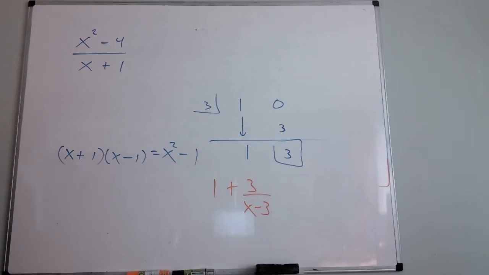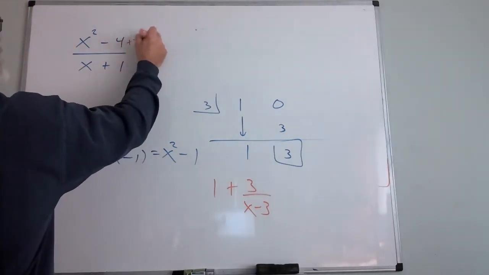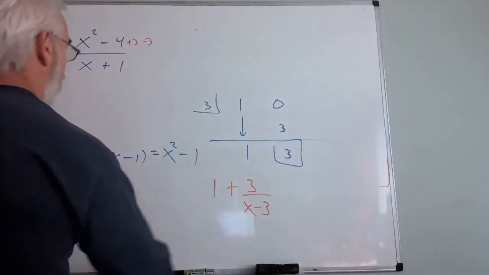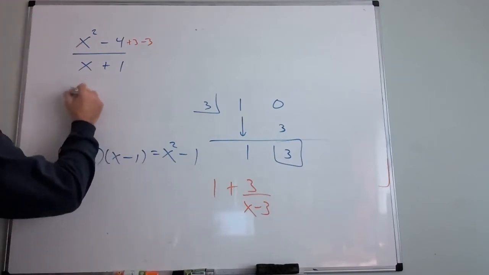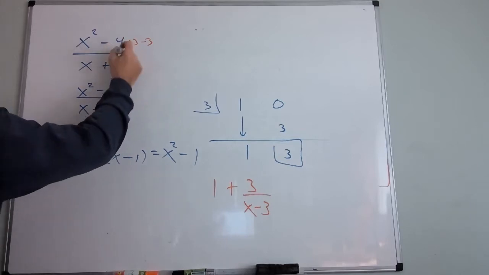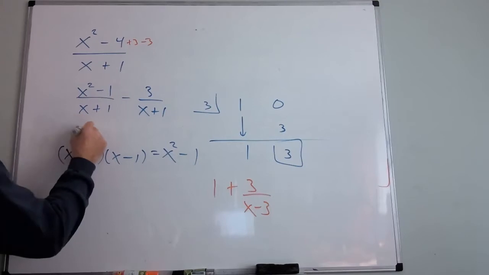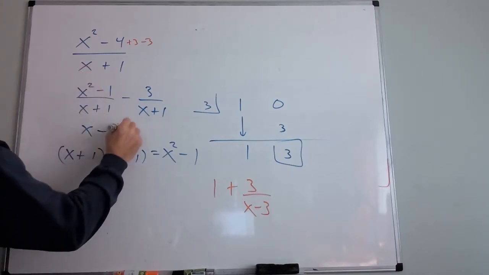So if my numerator looked like x squared minus 1, then this would factor really easily. So I'm going to do this, plus 3 minus 3. Now my numerator is x squared minus 1 over x plus 1, because I put those two together, minus 3 over x plus 1. And this is then when I factor and cancel.